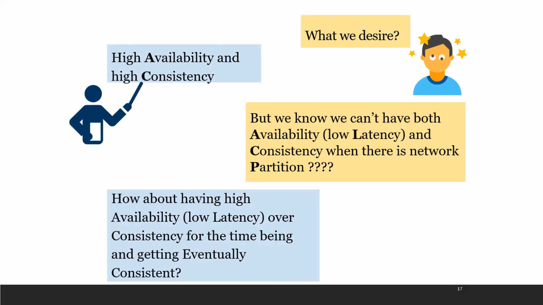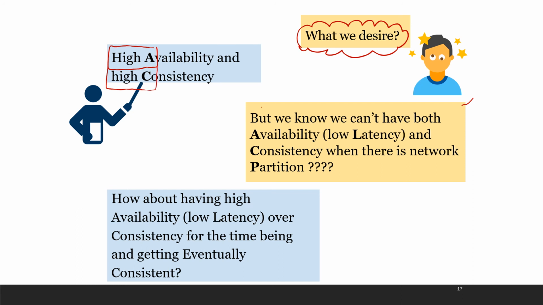Okay, so let's summarize. At the end, what would we desire? And what would be our technical solution, our technical recommendation? Ideally, we want high availability, and we definitely want our system to be highly consistent, right?